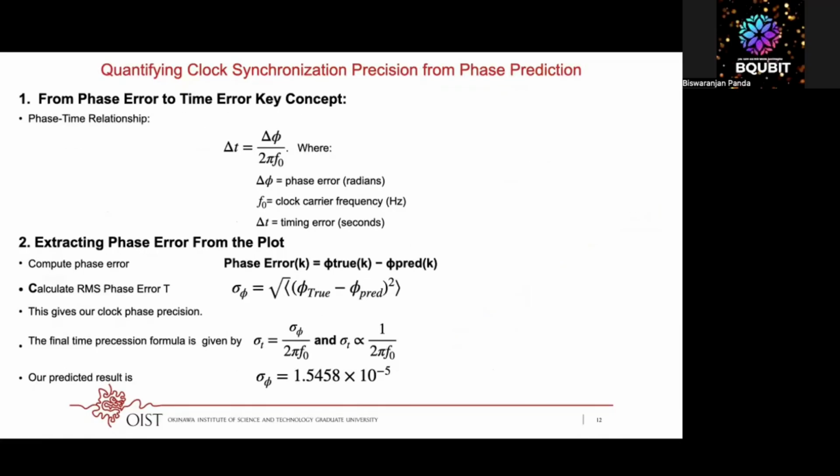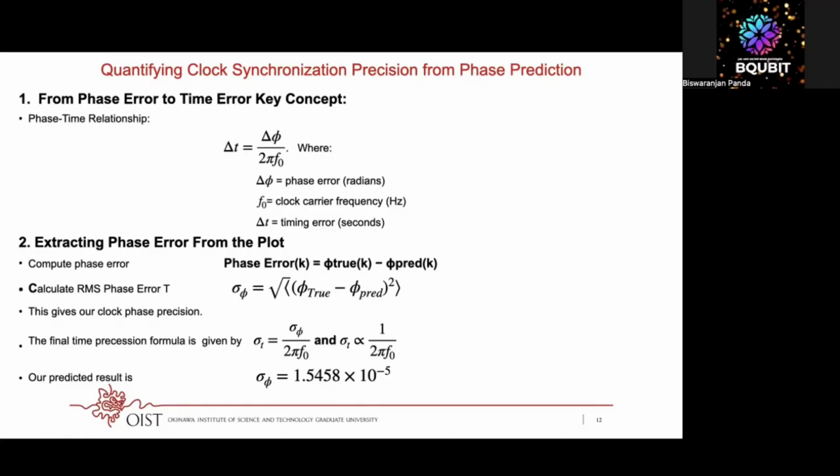Here in this slide I have given the formula: delta t is delta phi divided by 2 pi f naught. Here delta phi is our phase error, which will be predicted in mm from our result, and f naught is the clock carrier frequency, which differs from clock to clock, and delta t is the time error in seconds.